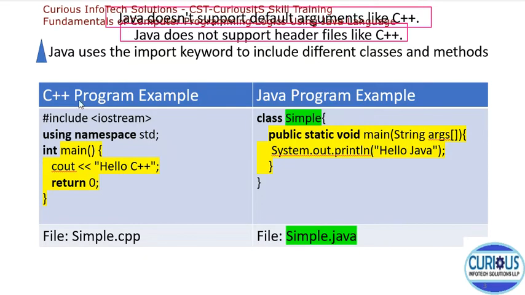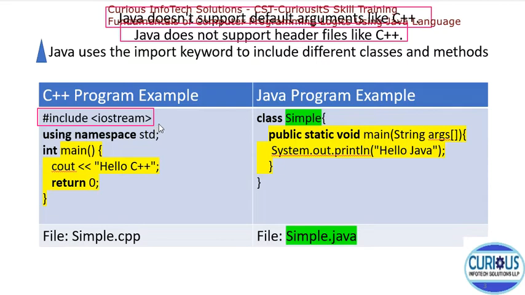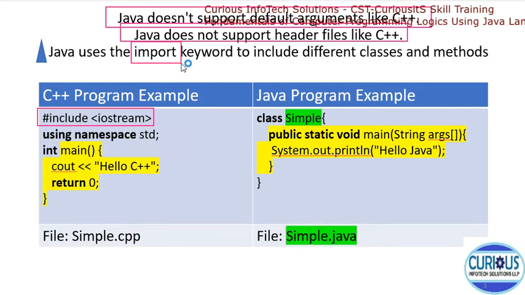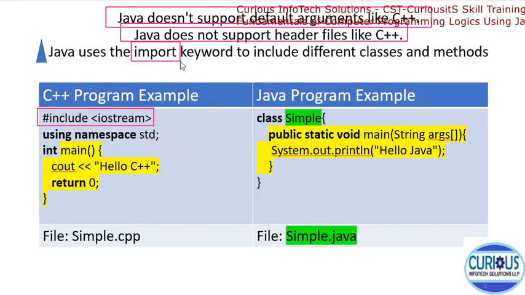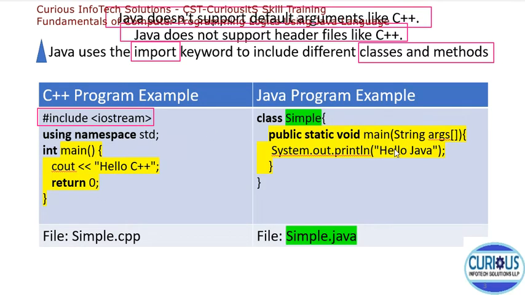You are using the include iostream.h. Now here, instead of this include, we have import. Okay, import is a keyword; through import we can include different classes and different methods. So this we can easily include in our Java program.